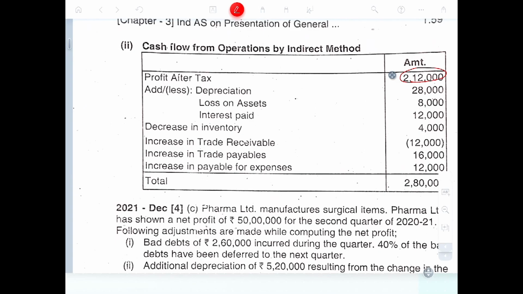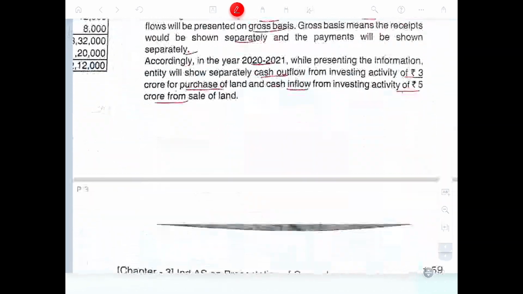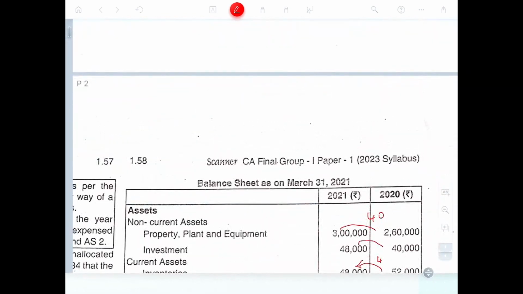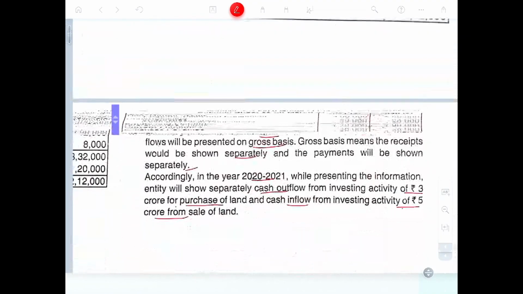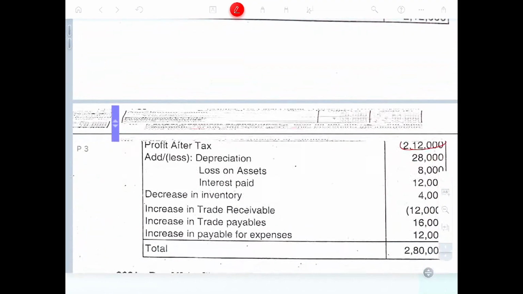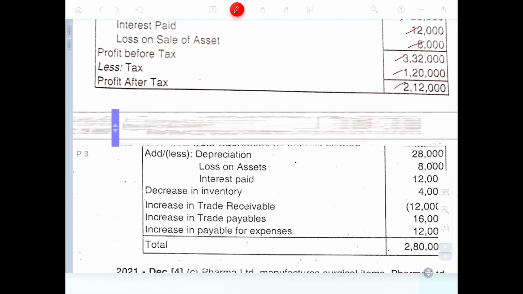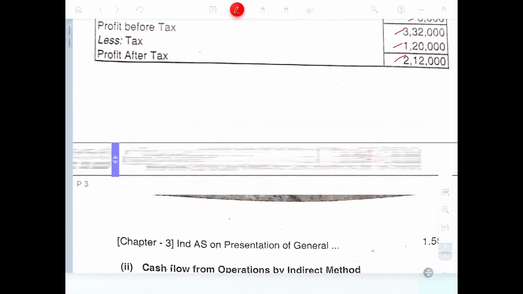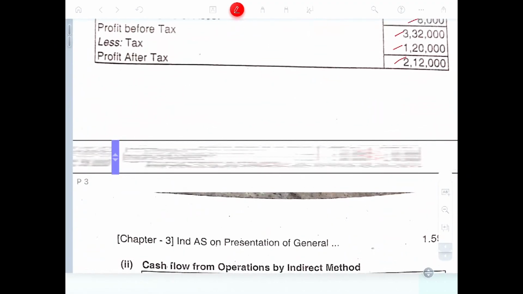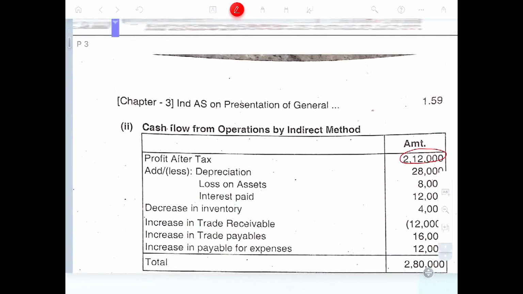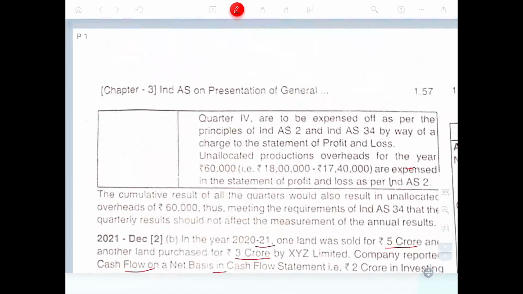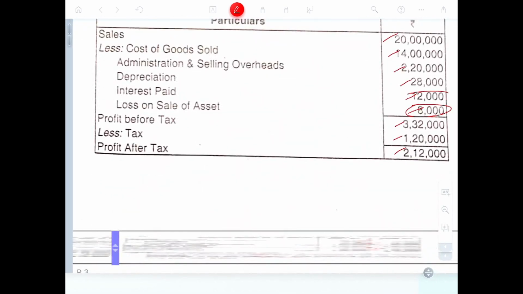Profit after tax 2,12,000. To 2,12,000 you need to add depreciation, loss on sale of asset, and interest paid, through the profit and loss account.